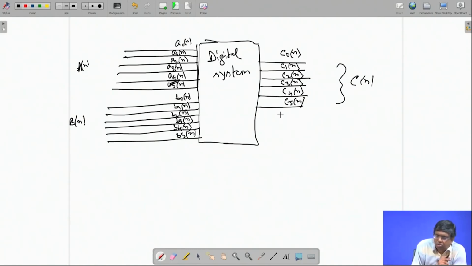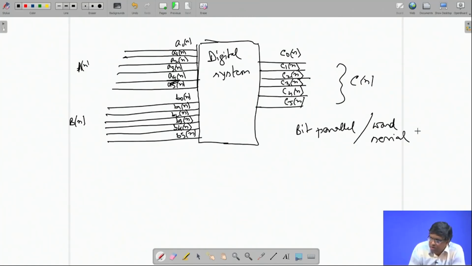All right. So, this is a perfect bit parallel word serial system.